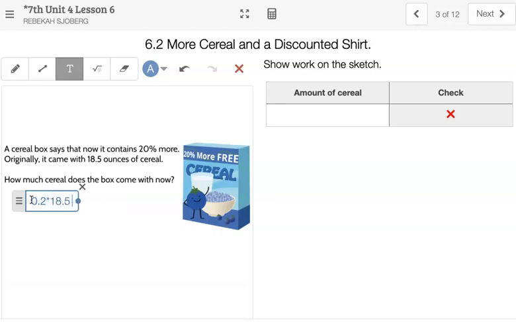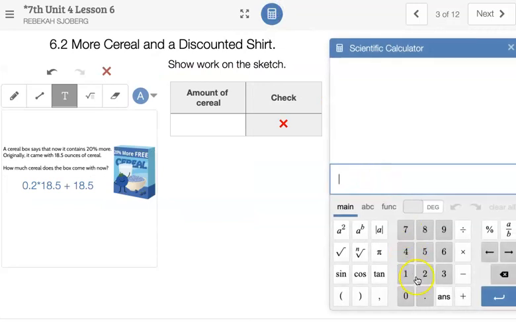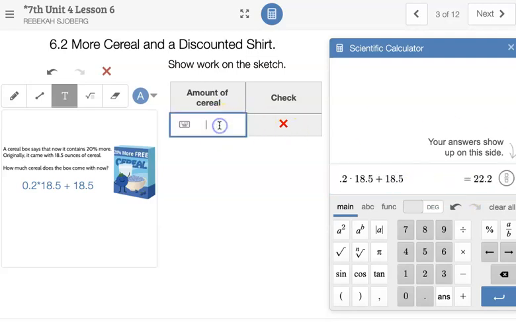When you get that answer, you can add it to the 18.5 that was the original. So I can do that in one step. I could do 0.2 times 18.5. That shows me that it gets 3.7 ounces bigger. And then if I add that to the original 18.5, I can see I'm now at 22.2 total ounces.